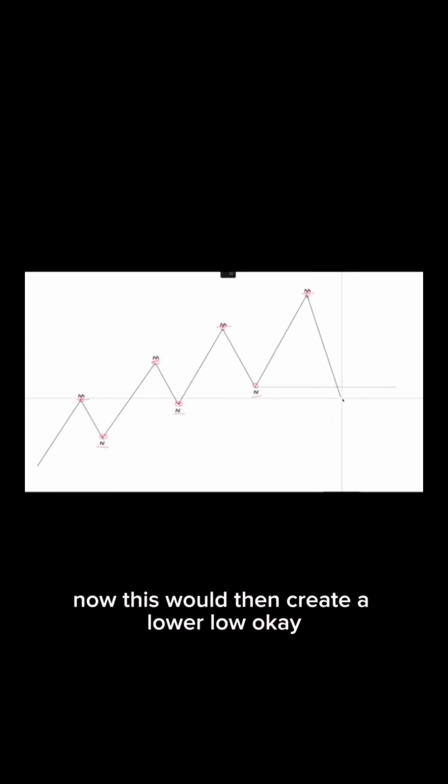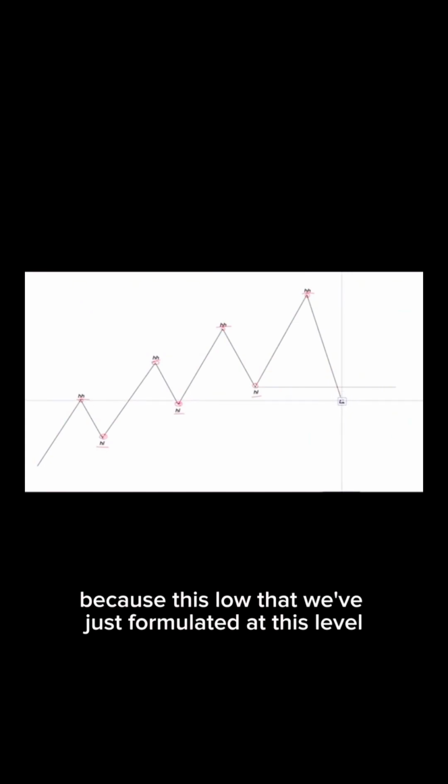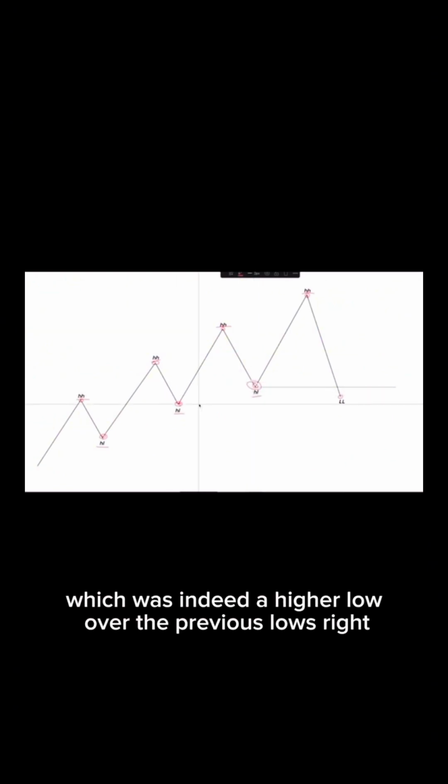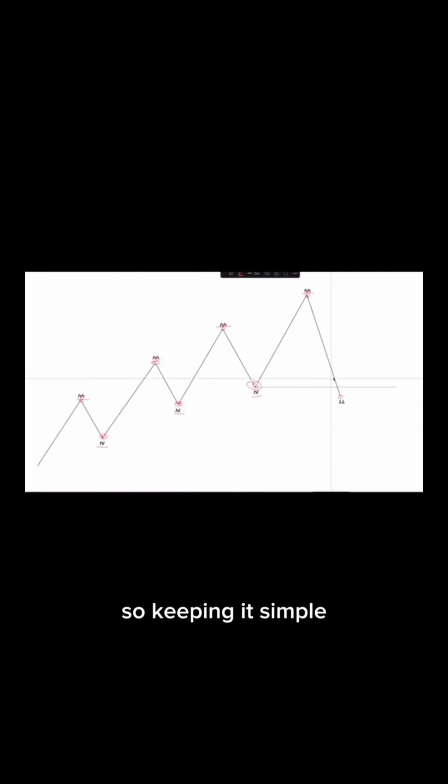Now this would then create a lower low, okay? Because this low that I have just formulated at this level is now lower than the previous low, which was indeed a higher low over the previous lows, right?